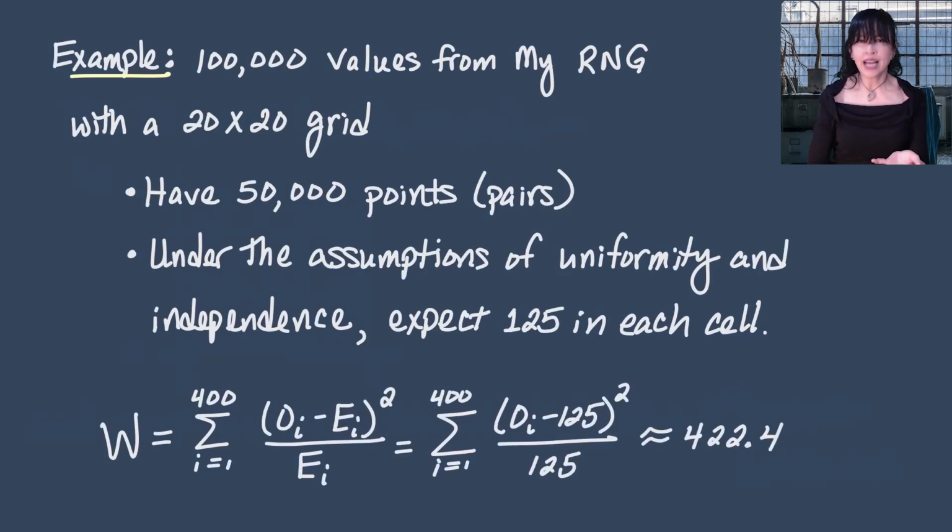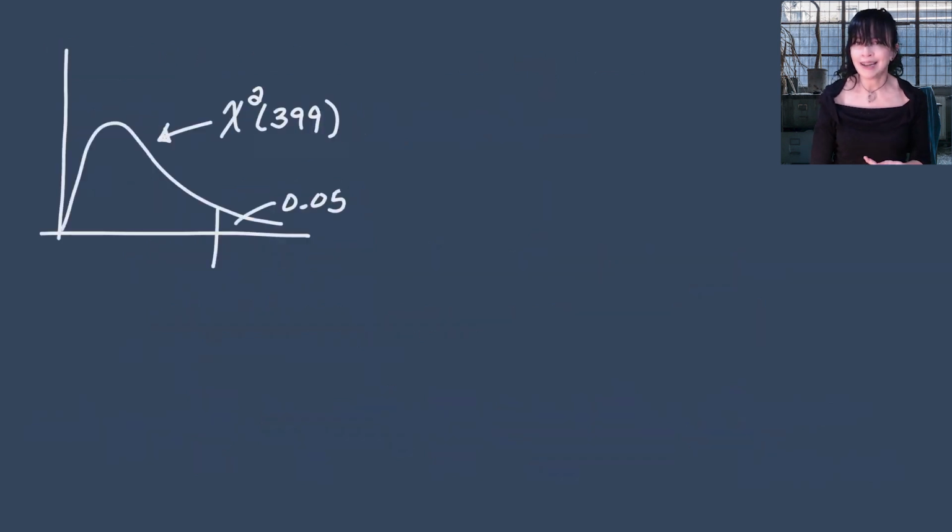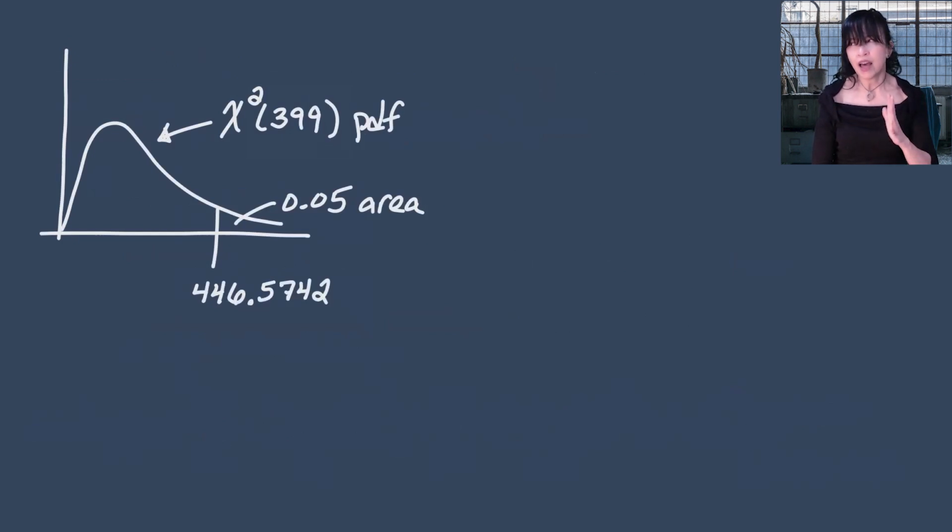We do want to look at a chi-squared probability density function with 399 degrees of freedom. I'm going to try to capture area 0.05 out in the right tail and say that when I'm above that value, that is going to be too large. The critical value here is 446.57-ish.